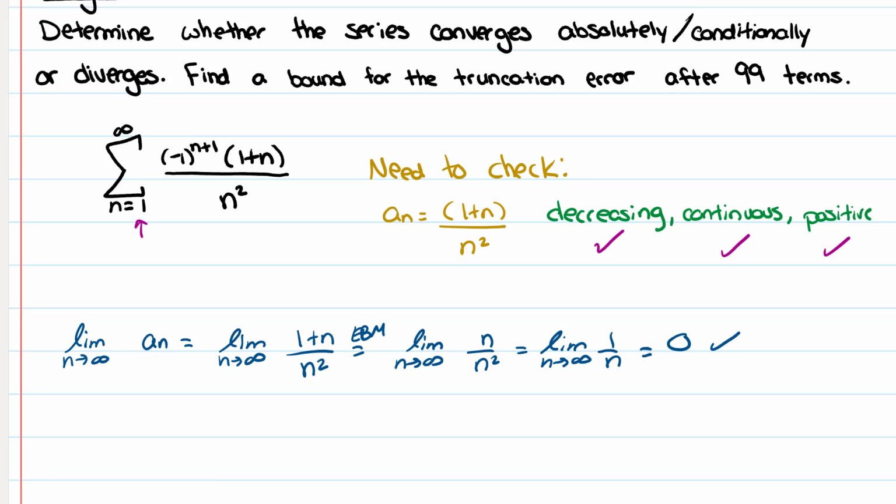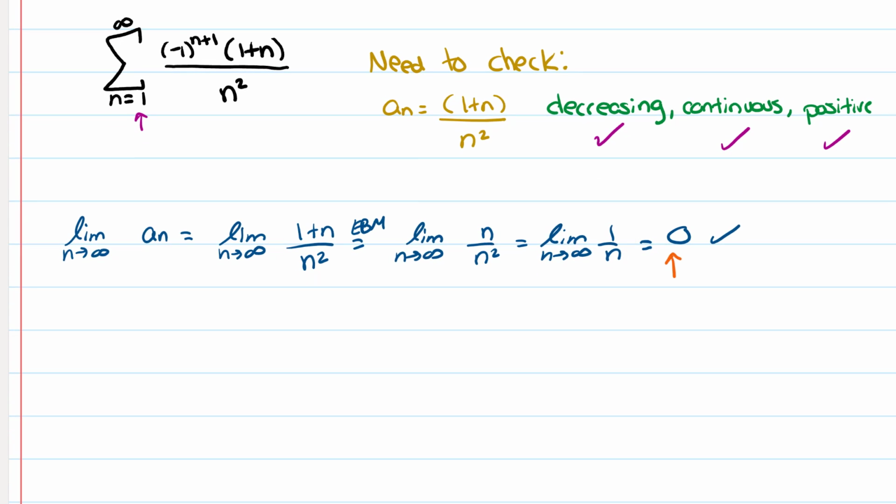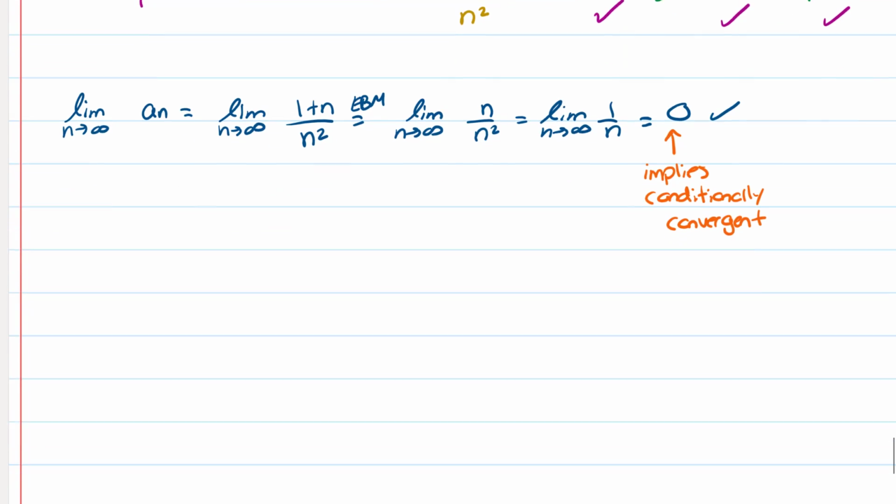So therefore, it's going to converge by the alternating series test. But we don't know if it's absolutely convergent or just conditionally convergent. And so we've got to figure that out.